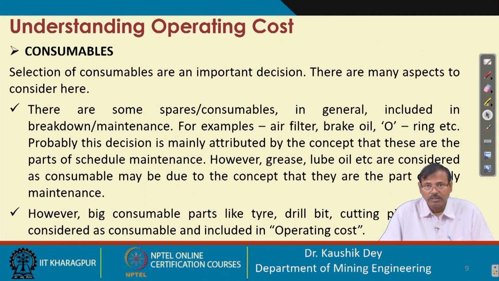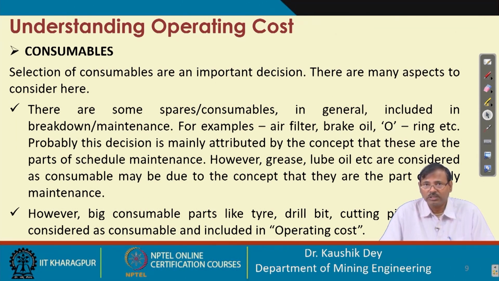So, that is why this part is basically considered in the maintenance cost, but the grease, lubricating oil, etcetera are considered as the consumables, because they are used in the daily maintenance. Daily, before starting the shift or once a day, all the moving parts of the machines are provided with grease, for the smooth running of the machine.